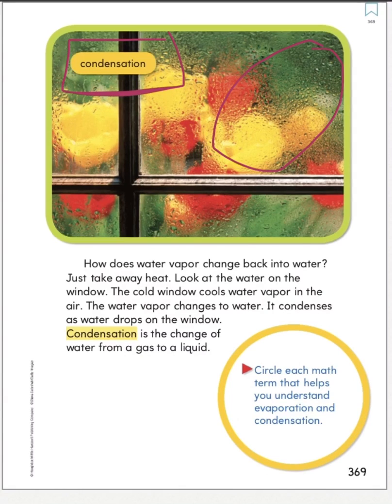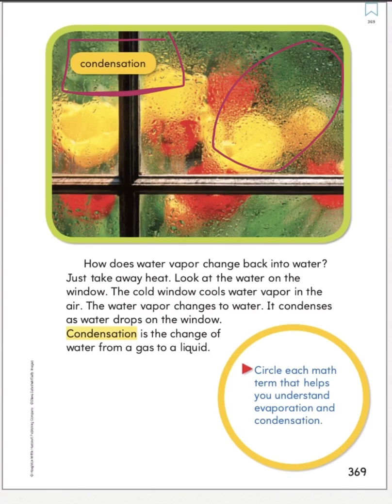Because the water vapor all around the glass, when it touched a cold surface, it lost the heat that it had gained. Remember, it lost the heat. So it became liquid from gas.